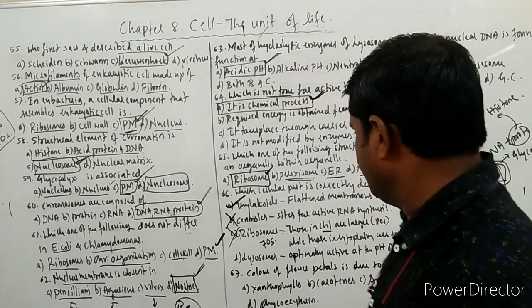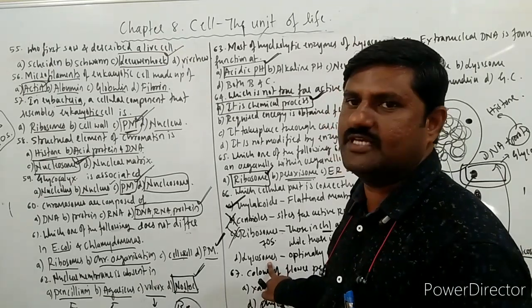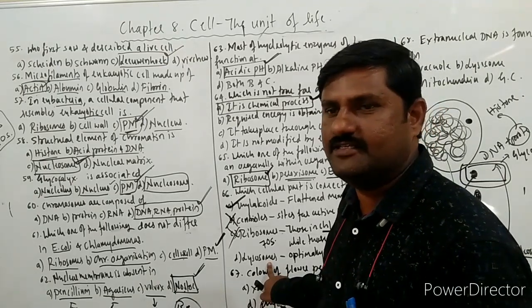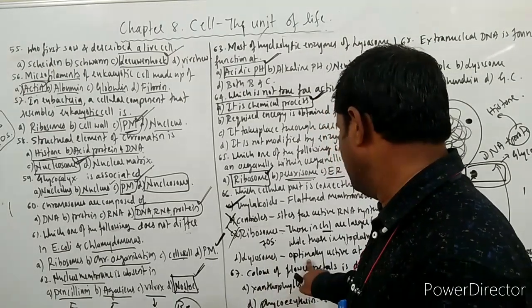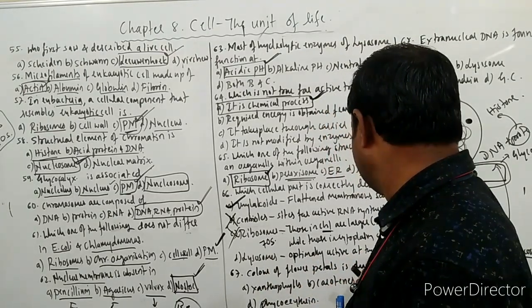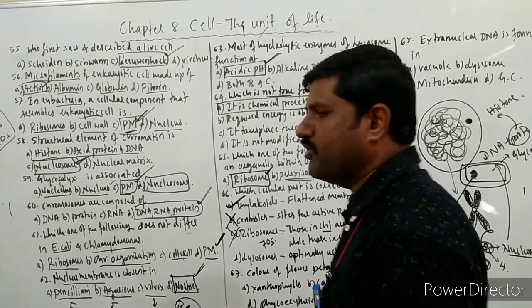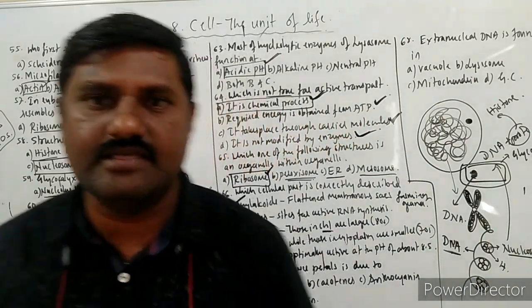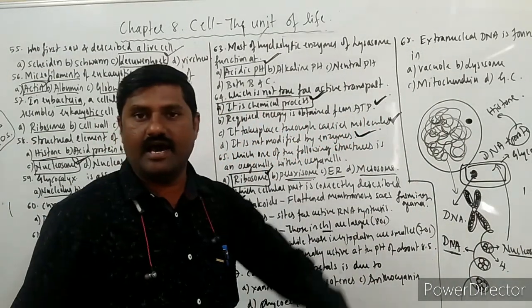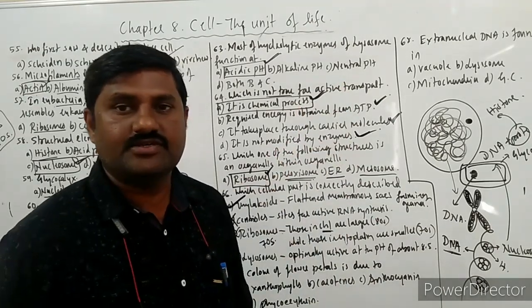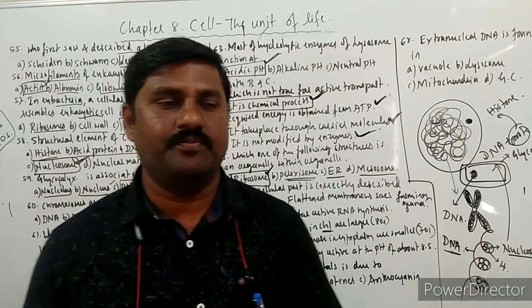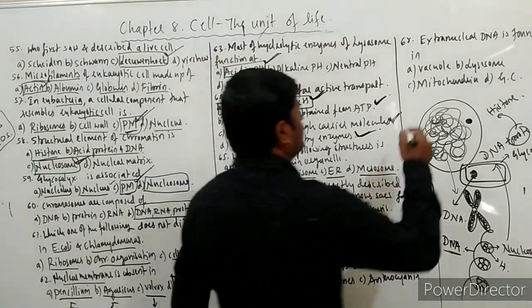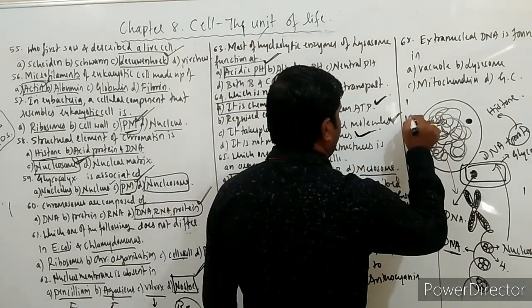What is the next one? Lysosomes. Lysosomes are called the suicide bags of the cell. Let us see the statement regarding lysosomes: optimally active at the pH of about 8.5. Usually these act at low pH, 1, 2, 3, 4 like this. The pH scale is 1 to 14.